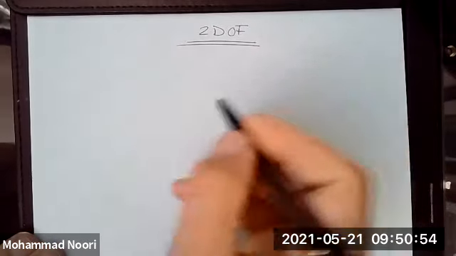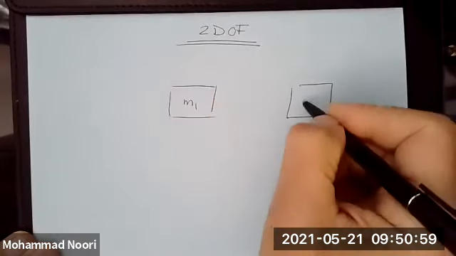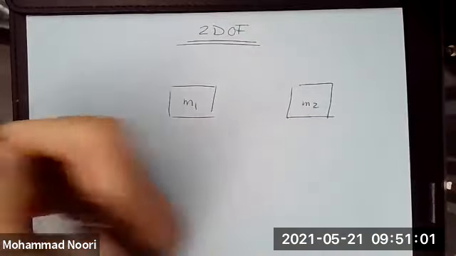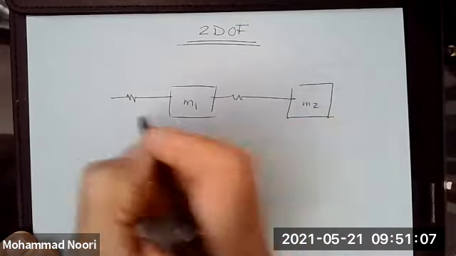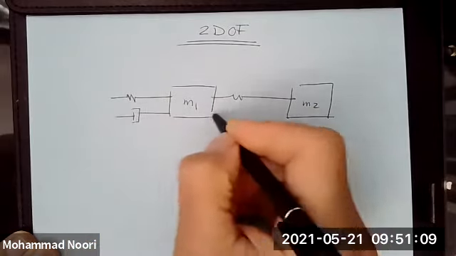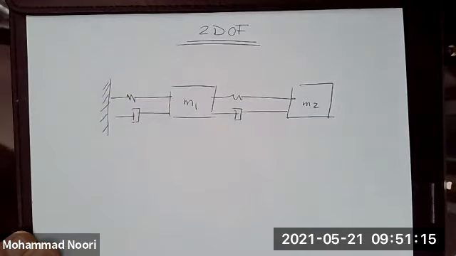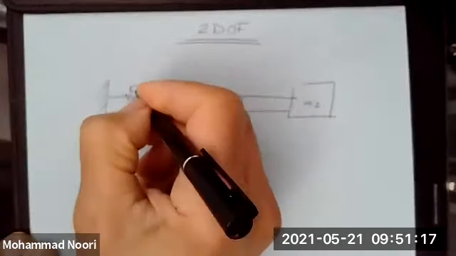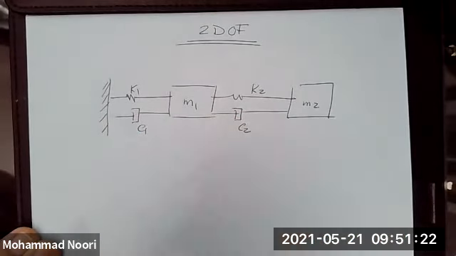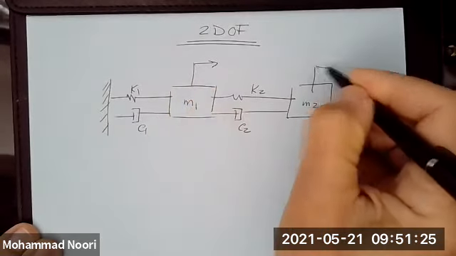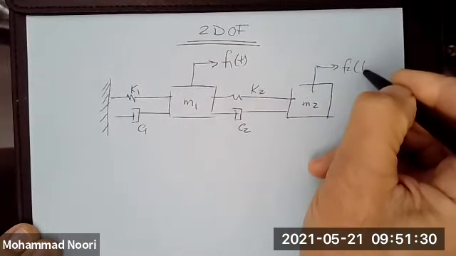That is, you have two masses, M1 and M2, that are connected. They're part of a system. And we know that the connection is nothing but a stiffness and a damping element. So this is the model of a 2 degree of freedom system, which can be subjected, each mass, to a separate forcing function.